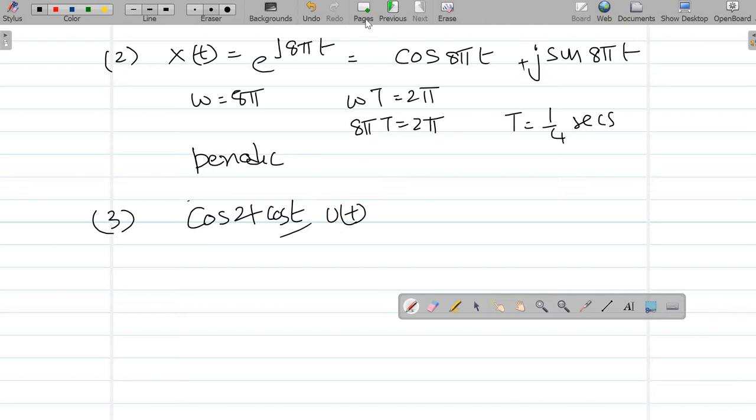But once you multiply the signal with u of t, the signal becomes aperiodic, because u of t starts only from t is equal to 0. So when you multiply a periodic signal with u of t, which is not periodic, the signal becomes aperiodic.